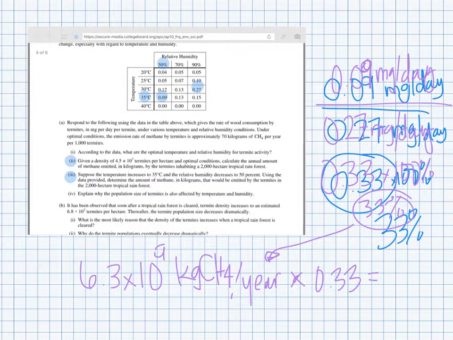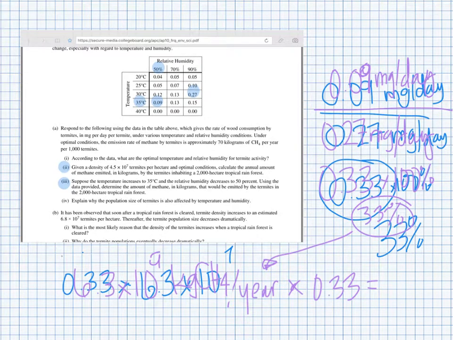So I can set all of this up: 0.33 times 6.3 times 10 to the 9th, that would be kilograms of CH4 per year.